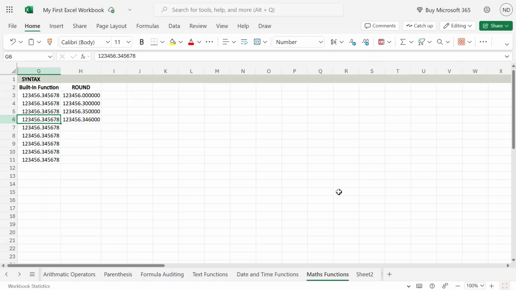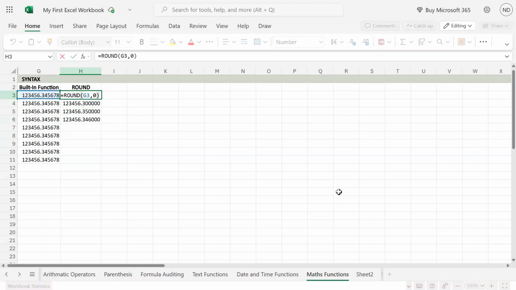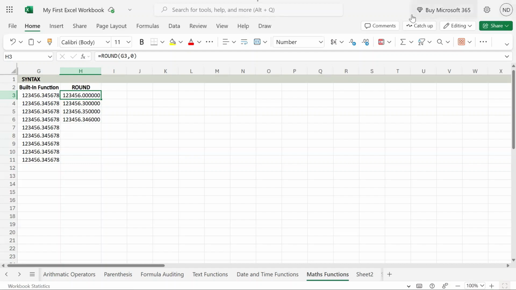You can see it was 5 here, but since the next decimal number is greater than 5, it is increasing this last decimal to 6 in the output. So what I'm trying to do is round this particular number by specific decimals.